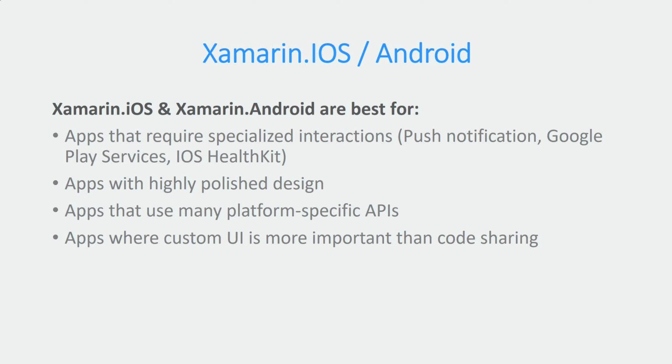This way of developing, you have access to everything that Android and iOS provides, like push notification, Google Play services, iOS Health Kit as an example. These are very highly polished. So for iOS, you're basically designing storyboards. For Android, you're creating Android XML. And for Windows, you're doing XAML.